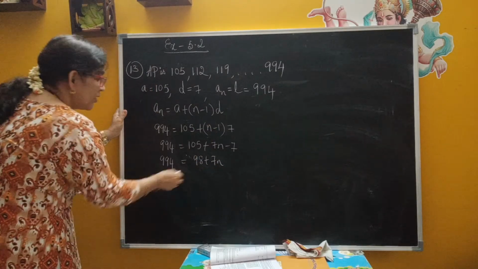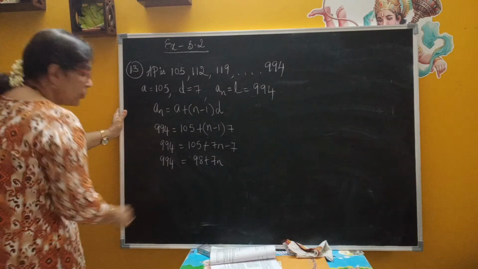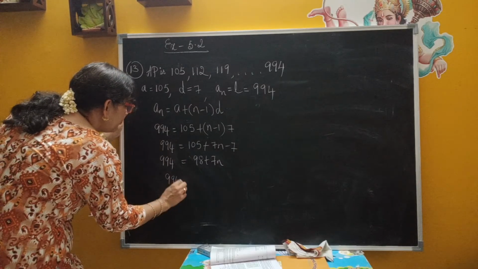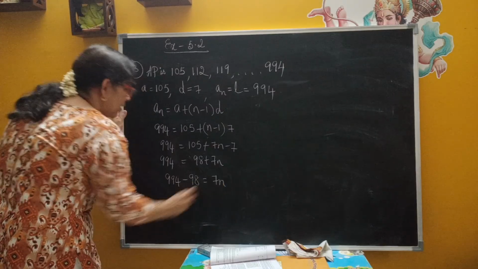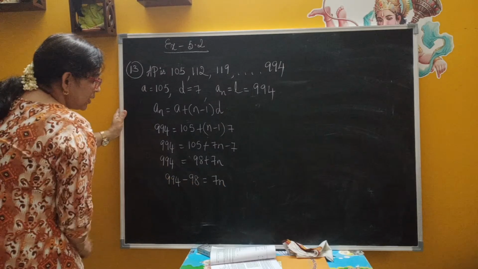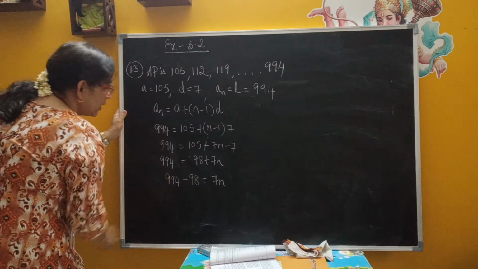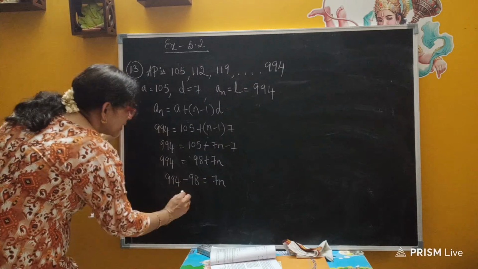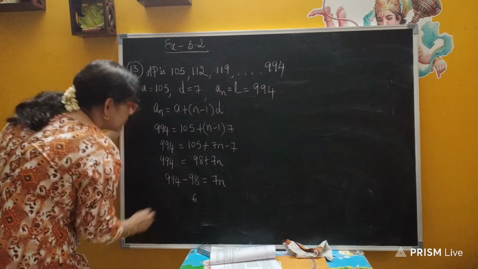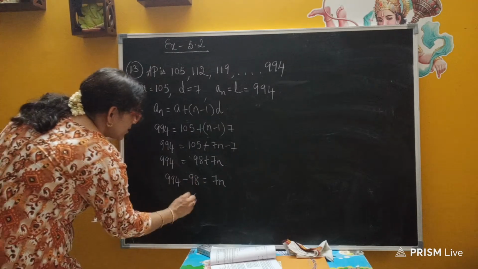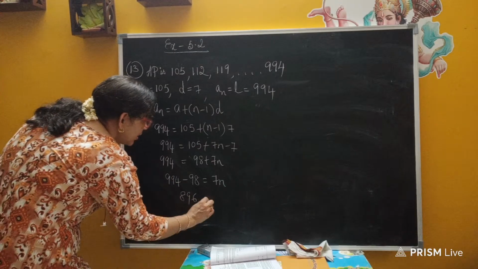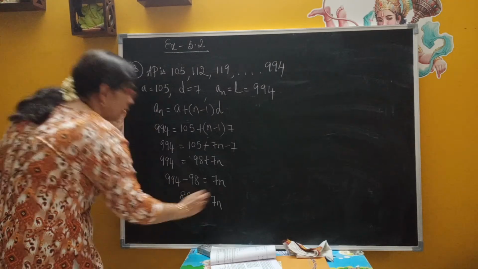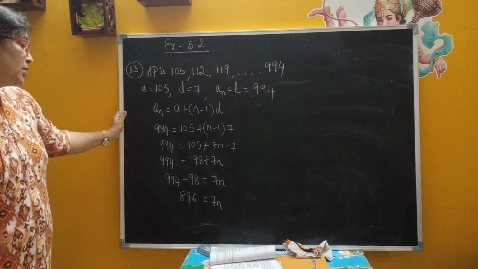So 7n is equal to what? Transpose 98 to LHS. 994 minus 98 is equal to 7n. Subtract it. What do we get? We get 896 is equal to 7n. So what is the value of n?